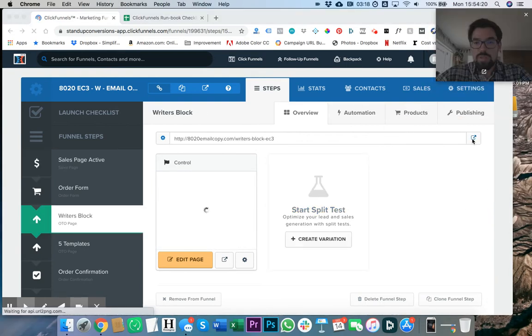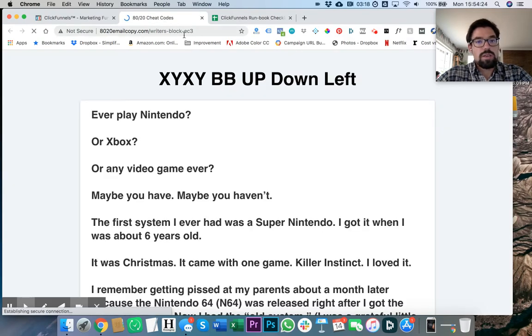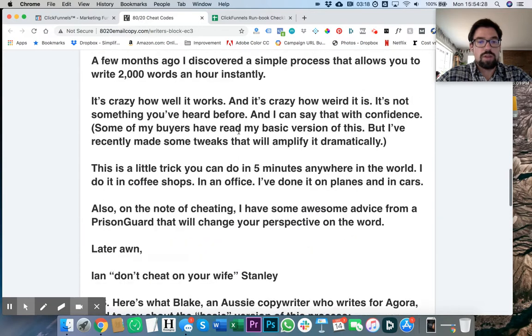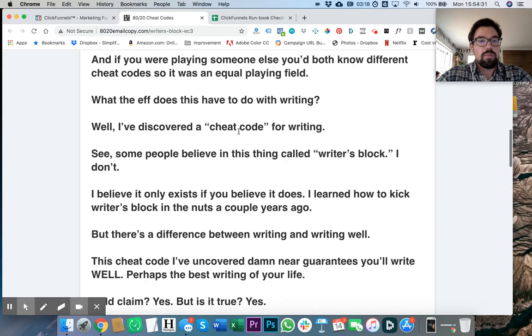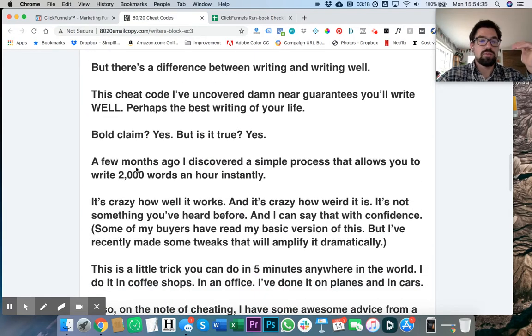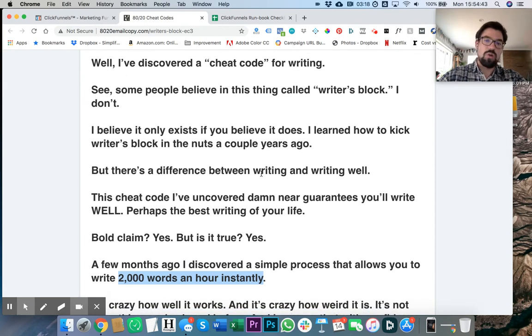One of the things that's done really well in the past as one of our upsells is this writer's block product, which is a different hook on being able to write 2,000 words an hour. So basically people who write emails a lot, I'm sure you probably can relate, don't always have the inspiration to write.